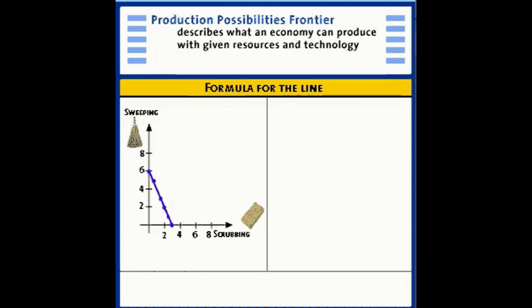I'll have exactly the same expressions. So let me do that then. I'll pick scrubbing up and put it on the vertical. I'll pick sweeping up and put it on the horizontal, and then I'll flip my diagram over so that the scrubbing information is on the vertical and the sweeping information is on the horizontal.